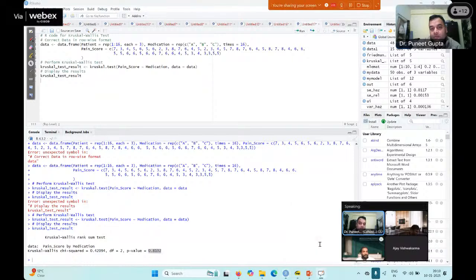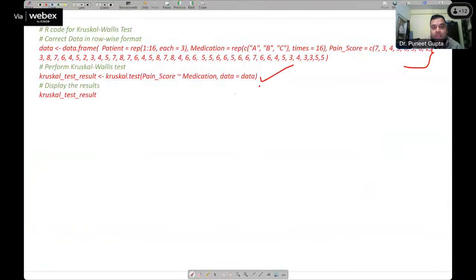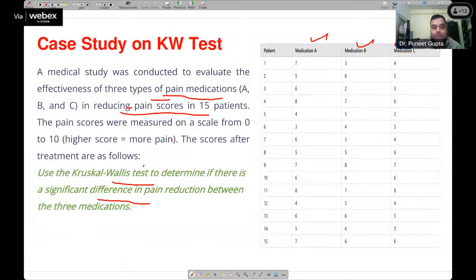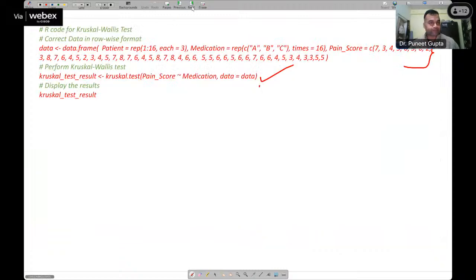Okay, so even after the treatments, there is no significant difference in the pain scores. Not over a period of time, between the 3 medication types. So what was checked is, there are 3 types of medications given to different patients, whether equal pain reduction happened or not. So the average pain reduction is the same for all the 3 groups, right?